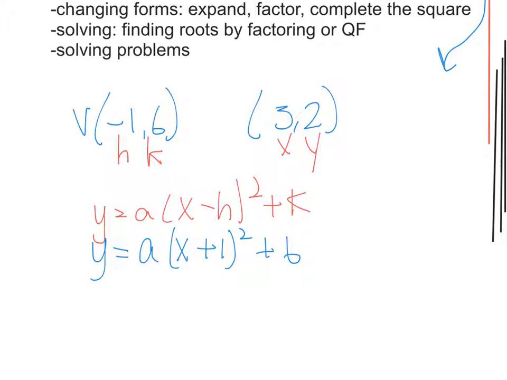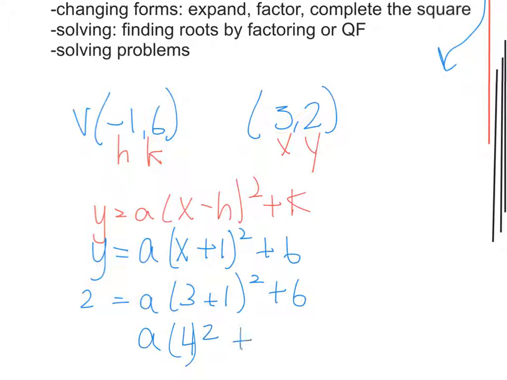The x is going to be 3, and the y value is 2. So I plug these two numbers in for x and for y in the equation. Then I'm just going to follow BEDMAS and I'm going to solve. So 3 plus 1 is 4. 4 squared is my bracket. 4 times itself is 16a.